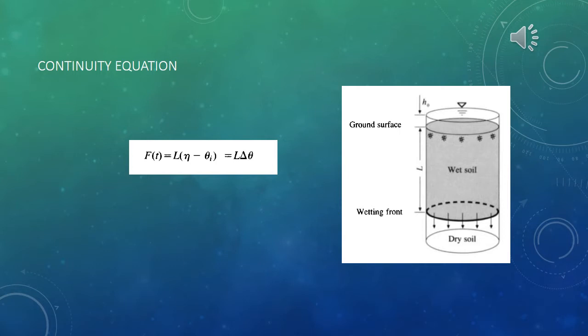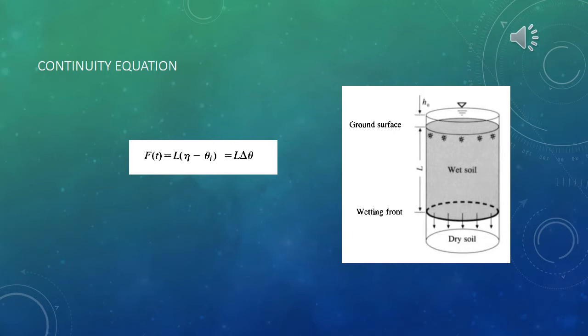Taking this continuity equation into account, the cumulative infiltration F is equal to the length L between the ground surface and the wetting front, multiplied by delta theta, which is the porosity minus the soil moisture.